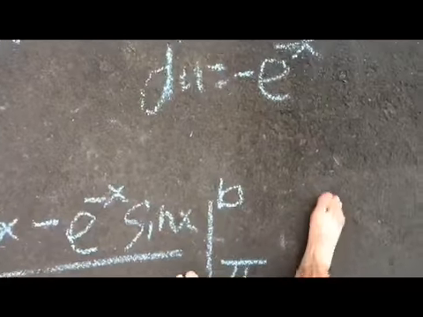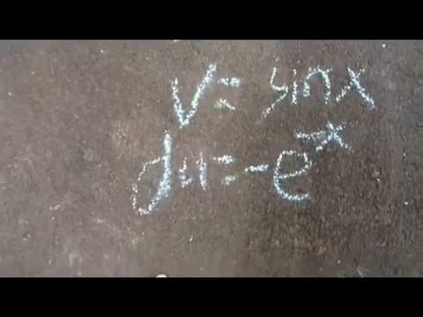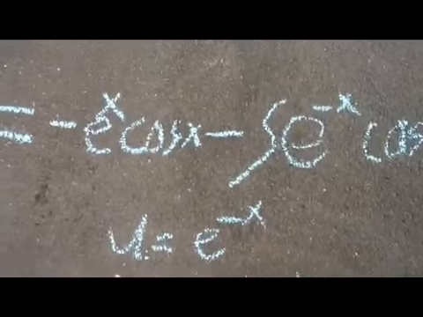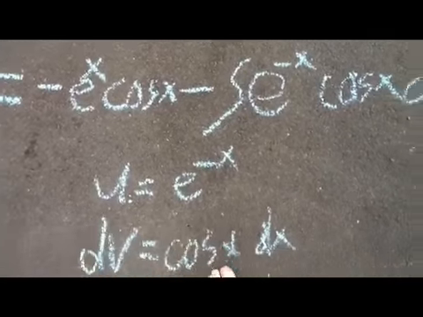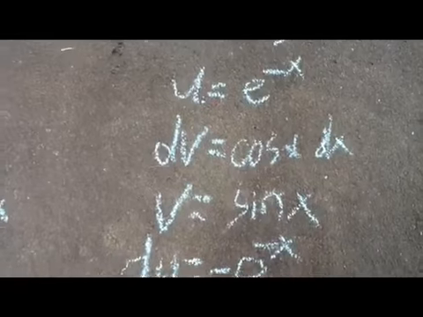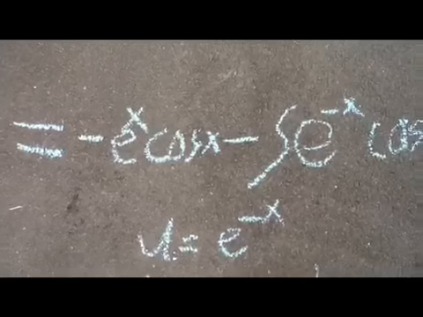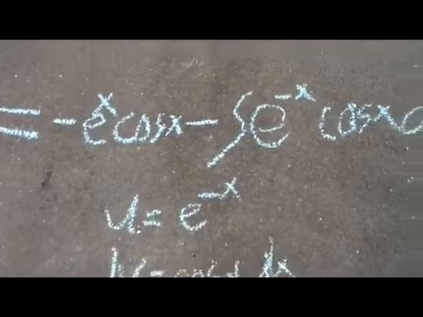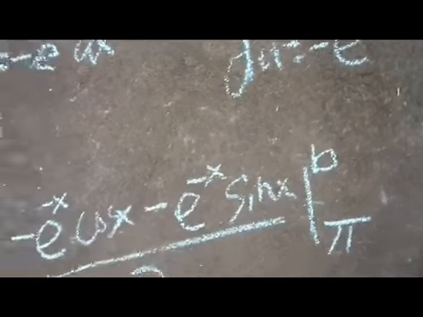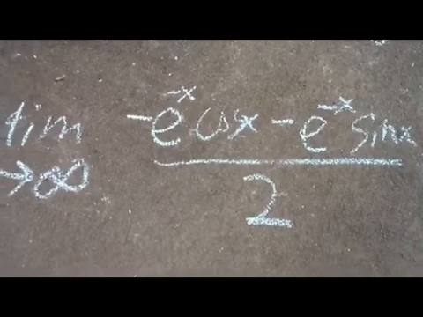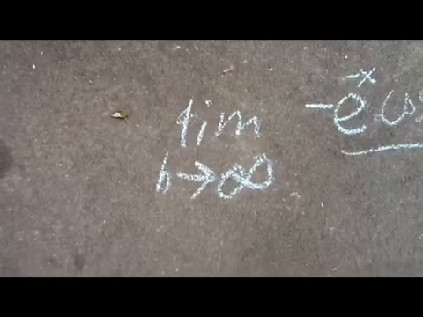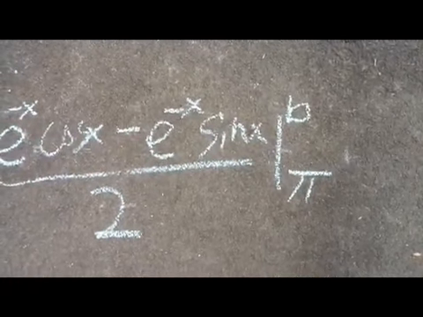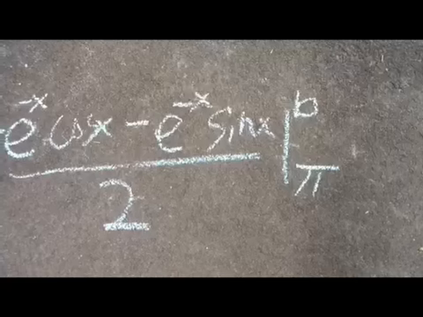And if we look down here, we would have sine x times minus e to the negative x. And since we have this minus sign up here, and we'd have a second one of these within this integral, the minuses cancel out perfectly and everything works out. So we just have the limit as b approaches infinity of, well, this. And you just solve it out.